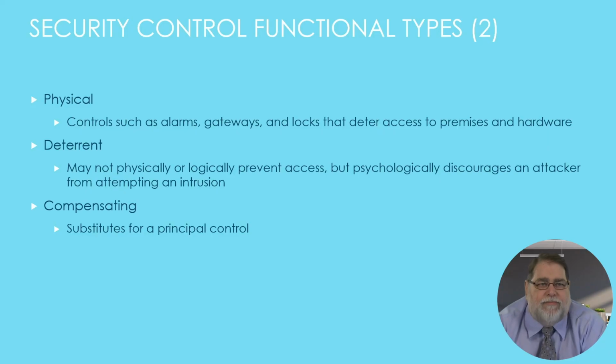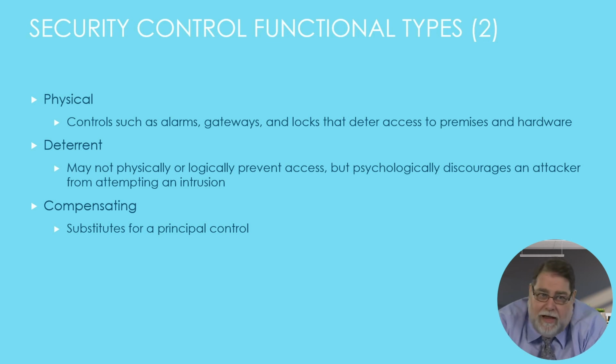And now the other three functional types that were on the bottom of the previous slide are physical, deterrent, and compensating. Physical, we have controls such as alarms and gateways and locks that deter access to the premises and hardware.